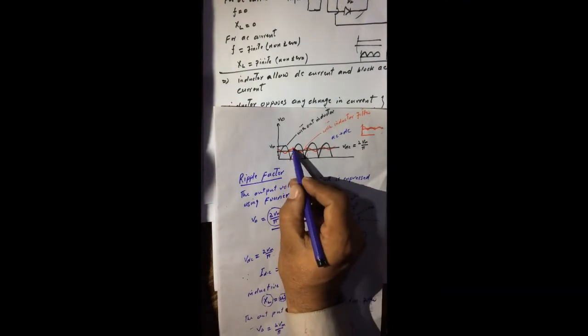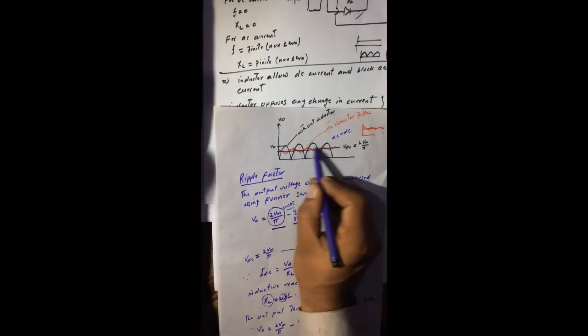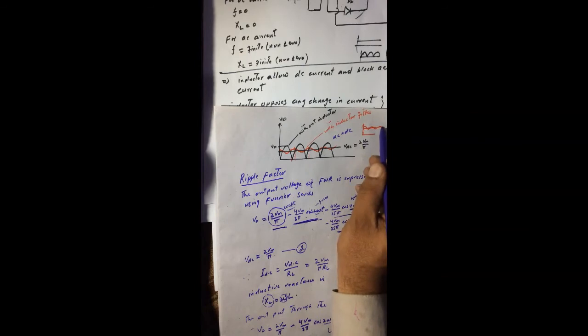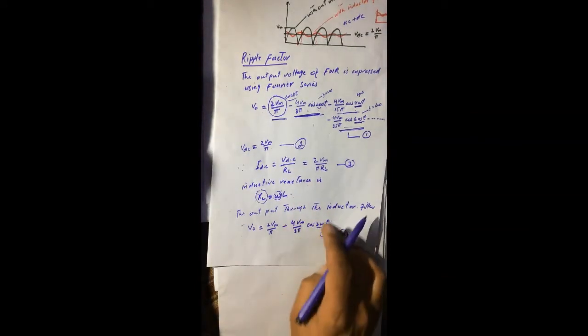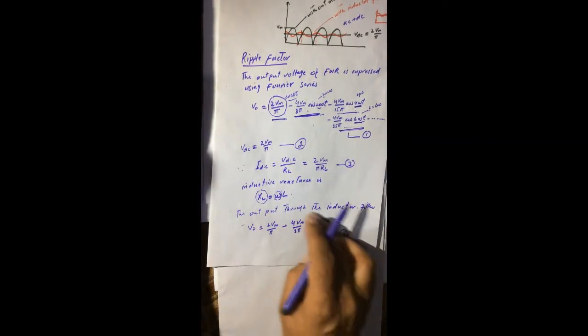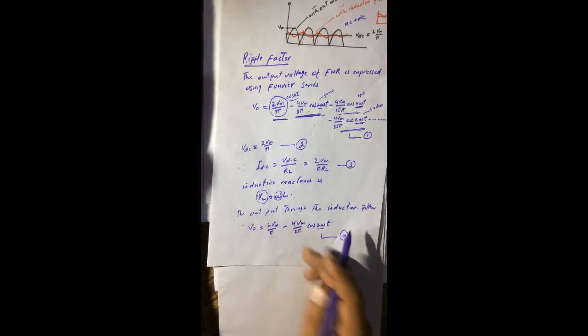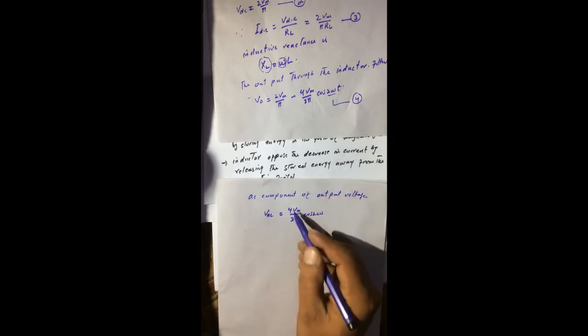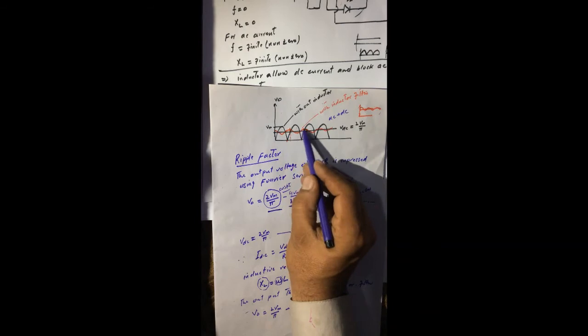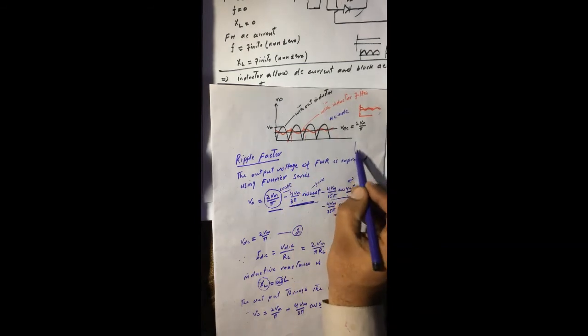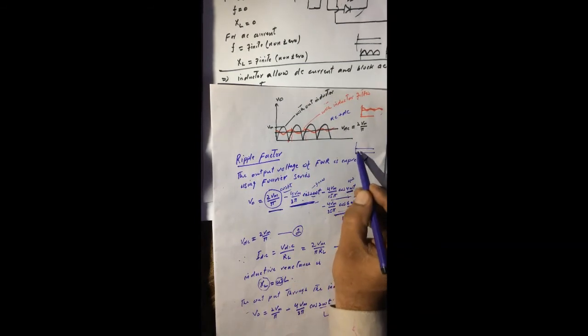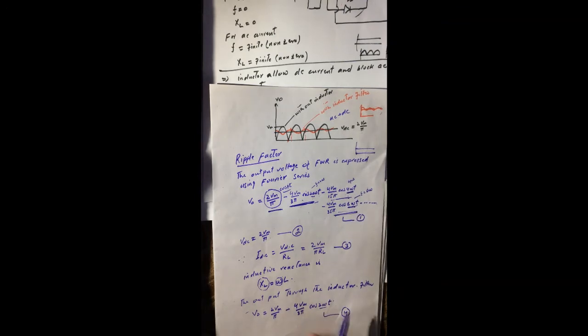Because we already mentioned that the output of the inductor is not a straight line, but there are some variations. The variations come from this one, because a part of this AC voltage will also flow through the inductor. So this term represents this variation.